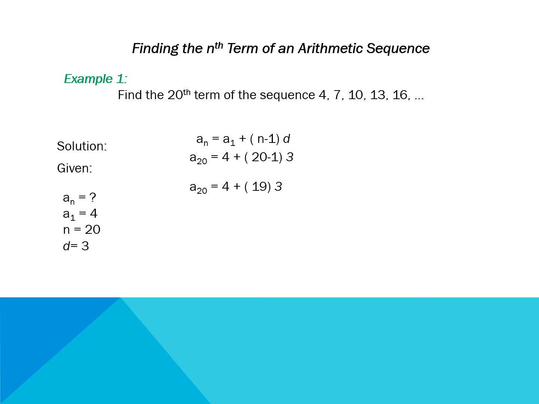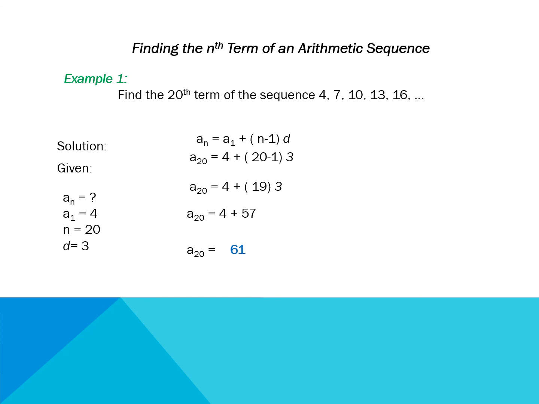Then we solve: 3 times 19 is 57, plus 4. So 4 plus 57, our answer is 61. The 20th term is 61.